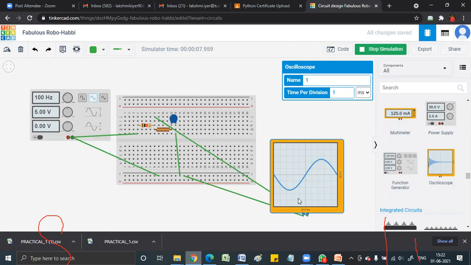So for 100 hertz, what is the value of your peak to peak voltage? पहली बात, एक डिवीजन का वैल्यू कितना है? 1। ठीक है, आपको कितना ऊपर ब्लॉक दिख रहा है? 2.5 ऊपर दिख रहा है, नीचे भी 2.5 दिख रहा है, तो टोटल 5 ब्लॉक्स, और एक ब्लॉक 1 वोल्ट है, तो ये 5 वोल्ट है। क्लियर?